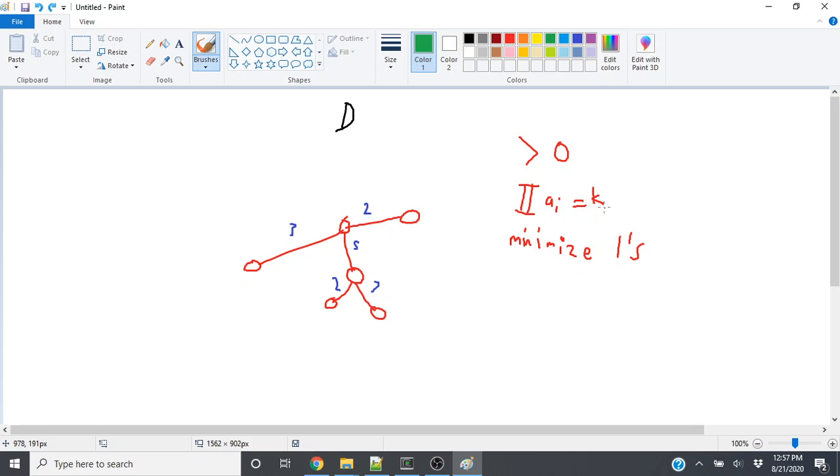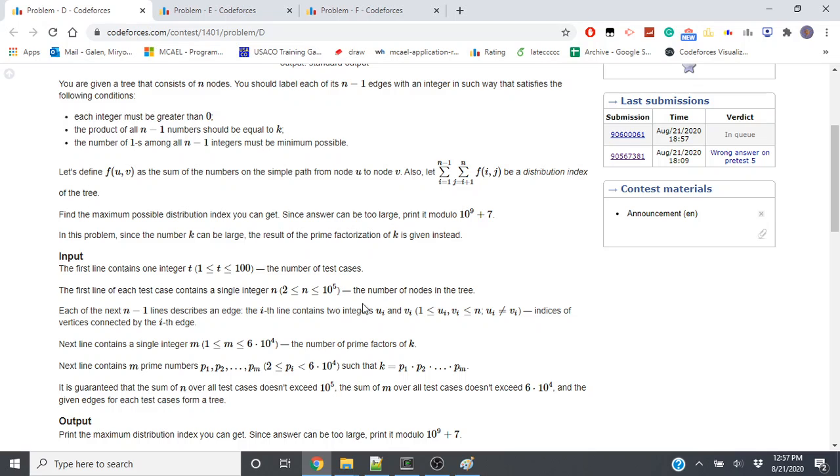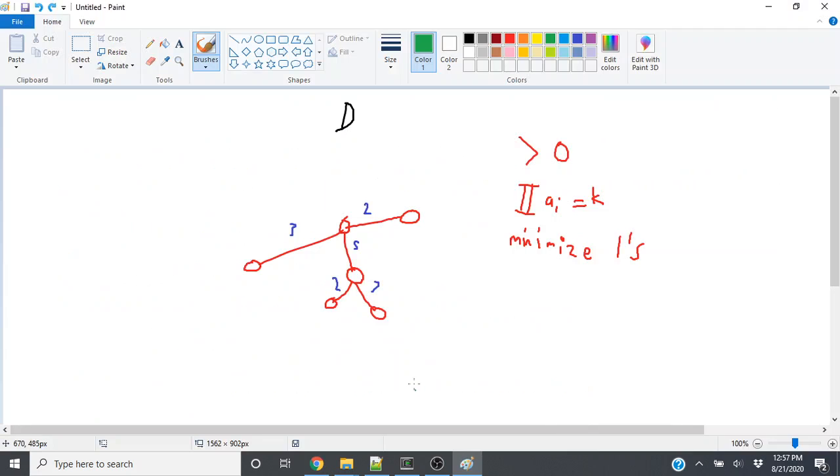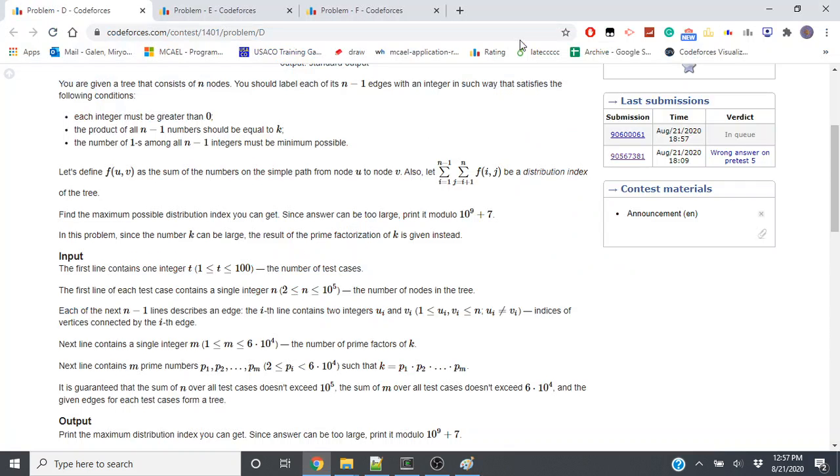So we're not actually given k, we're given a bunch of prime numbers such that their product is k. And the fact that they're prime is important because it means you can't divide them anymore. So if you have less than n minus 1 numbers, some of them are going to have to be 1. And if you have more than or equal to n minus 1 numbers, then it's guaranteed that there's some way that you can make it so none of them are 1, so you have to do it that way.